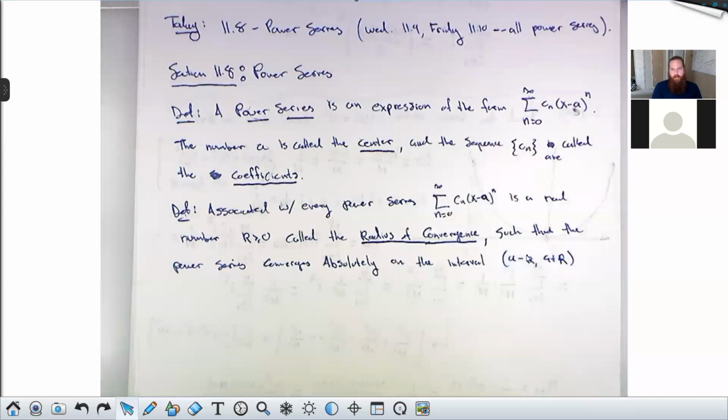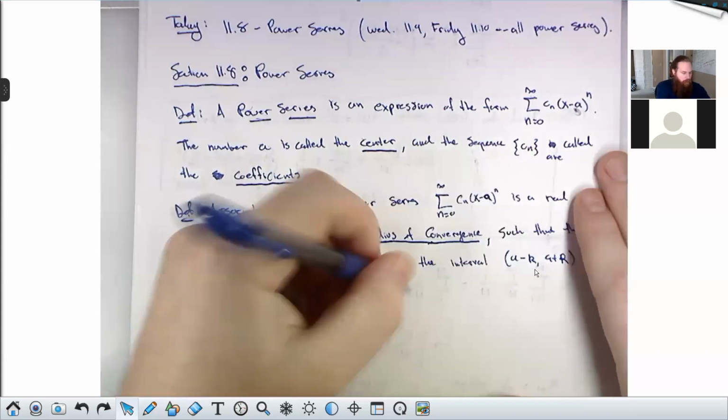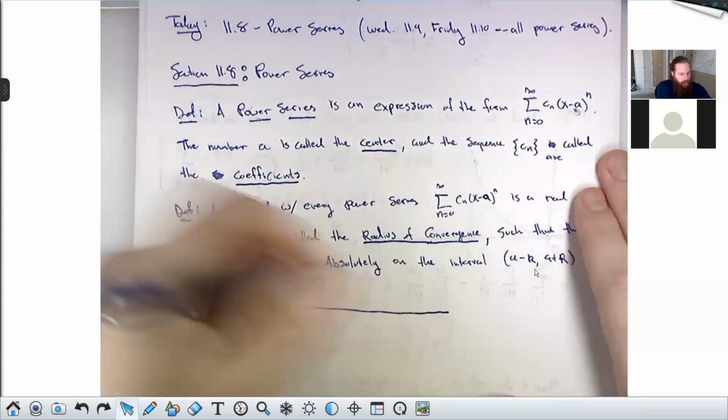This interval is centered at a and has radius r. So let me draw the picture and you'll see why a is called the center.